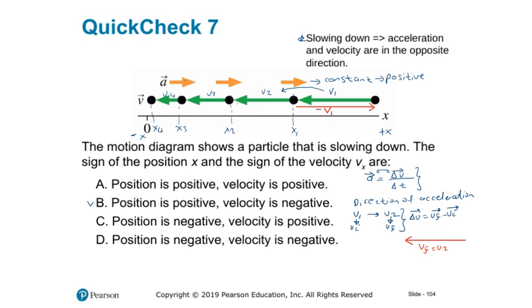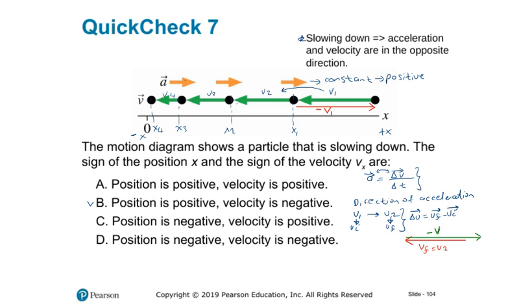Minus V initial would be a vector that is equal in length, opposite in direction to V initial, which is minus V1 here. So it will be the same length of V1 to the right instead of to the left because it's minus V1.